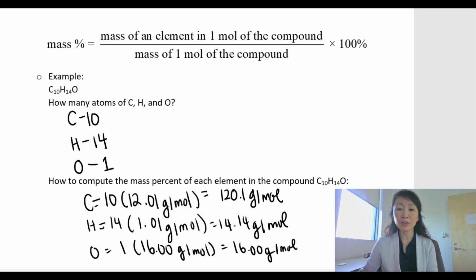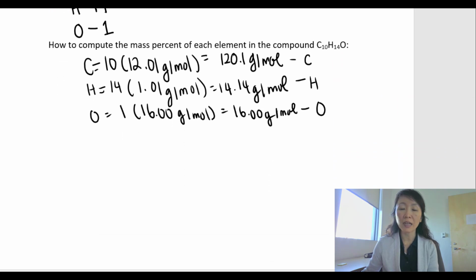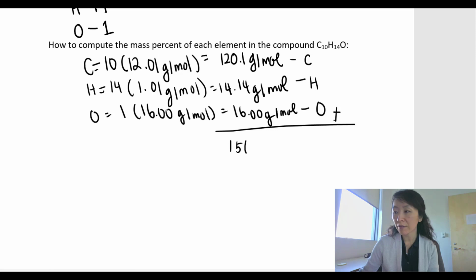That's for individual elements, meaning this is just for carbon, this is just for hydrogen, and this is just for oxygen. If you were to calculate the entire molar mass, you would add these up, okay? And you should get 150.24 grams per mole for C10H14O.